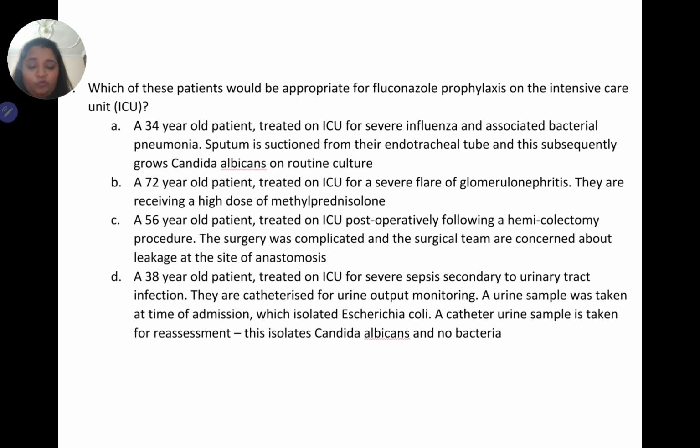Which of these patients would be appropriate for fluconazole prophylaxis in an intensive care unit? Let's examine each scenario. A 34-year-old patient treated in ICU for severe influenza and associated bacterial pneumonia. Sputum is suctioned from the ET tube and subsequently this grows Candida albicans in routine culture.